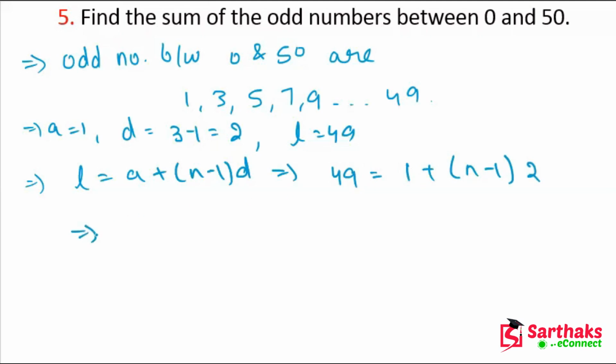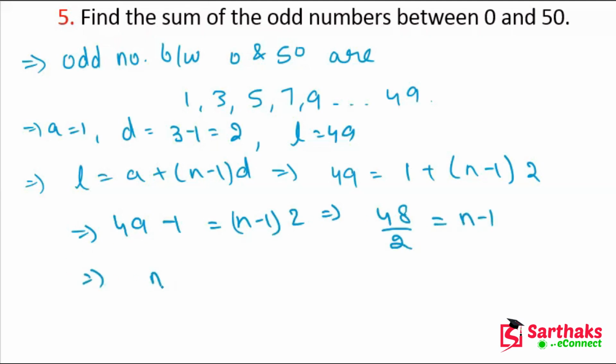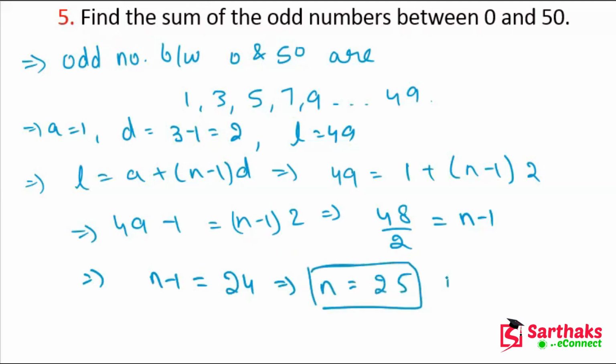So 49 minus 1 is equal to (n minus 1) into d. So we get 48 divided by 2 is n minus 1. So n minus 1 is 24. So n is equal to 25. This is the value of n.